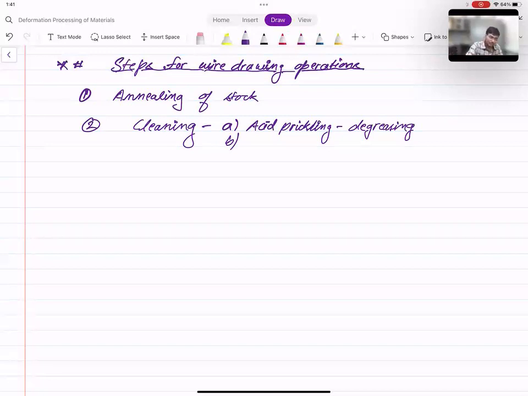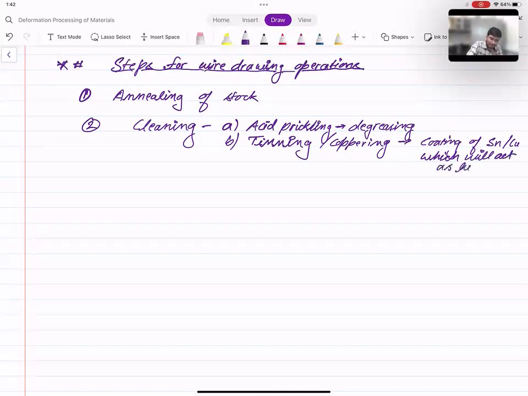So tinning or coppering is the coating of tin or copper, which will act as a lubricant.